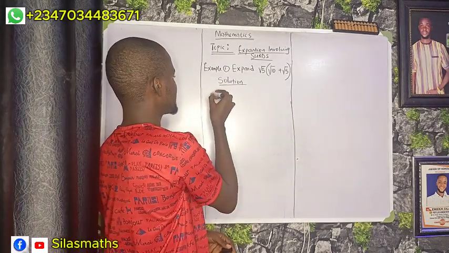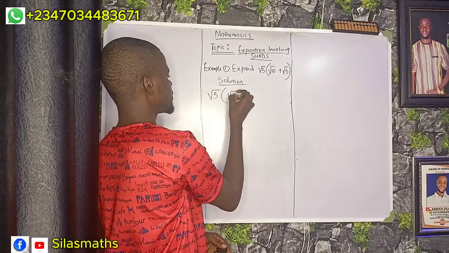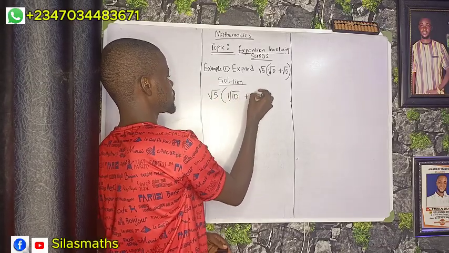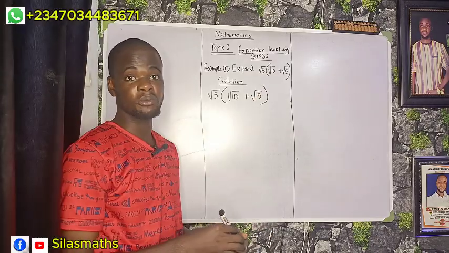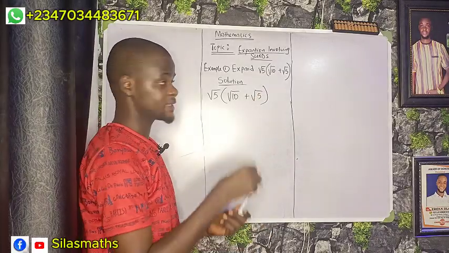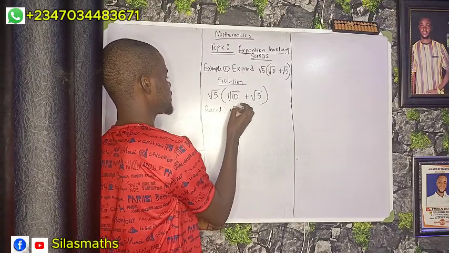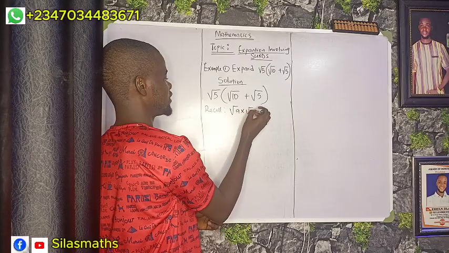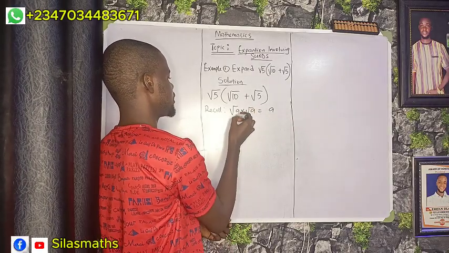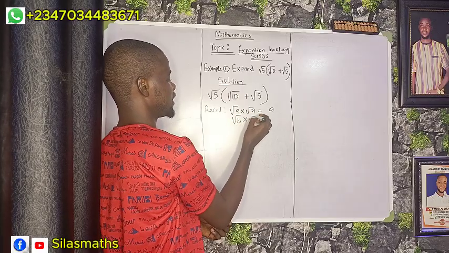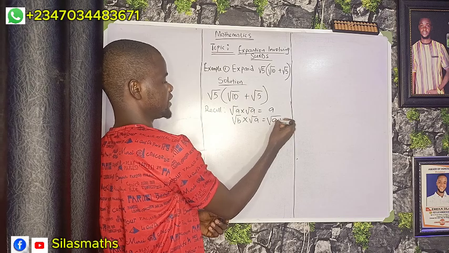Example 1: square root of 5 open bracket square root of 10 plus square root of 5. You recall that whenever a surd multiplies itself, it gives you the number inside. Root a times root a is going to give us a, while root b times root a is going to give us root a times b.